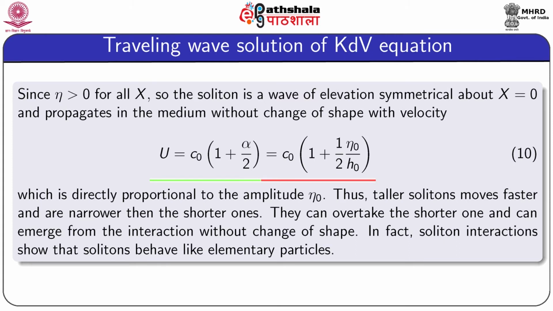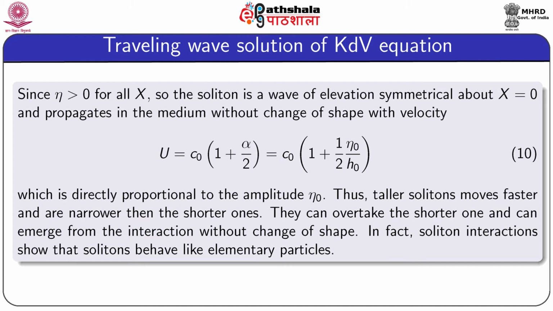So, if you substitute, you get u equals C0 (1 plus eta 0 by 2 H0). It is to be noted that the velocity of the wave depends on eta 0, or in other words, velocity is proportional to eta 0.